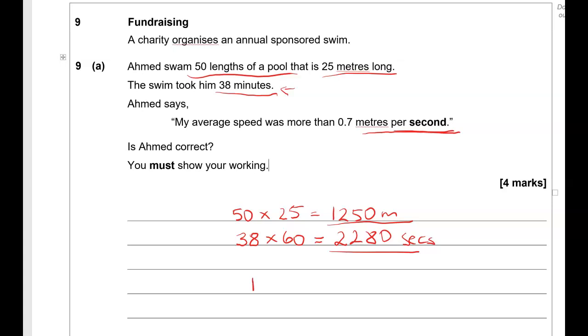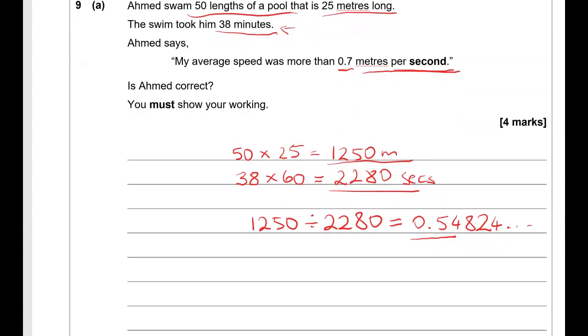So 1,250 divided by 2,280, which is 0.5484 and so on. So going back to the question, is Ahmed correct? Because it says my average speed was more than 0.7 meters per second, whereas this is 0.5 roughly. So we're going to say no.